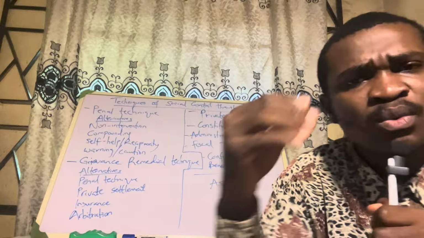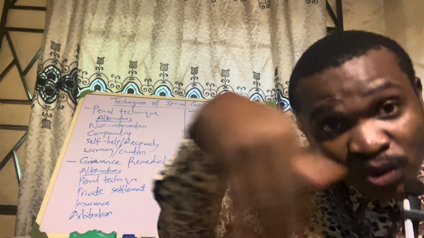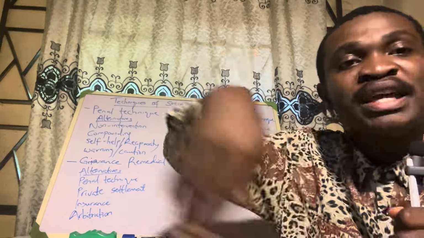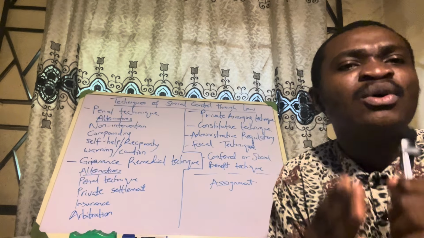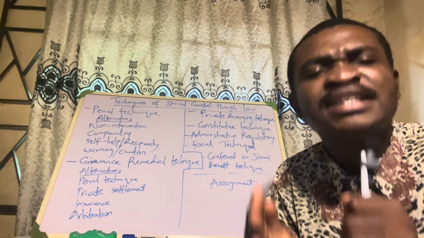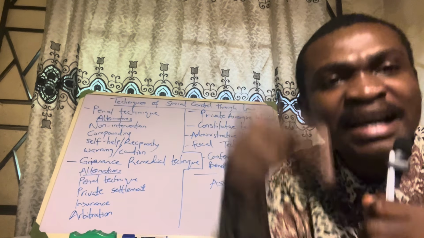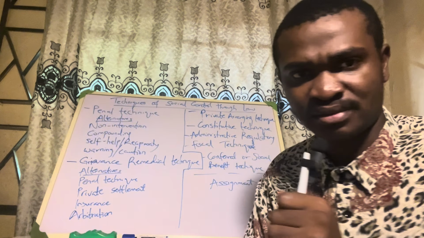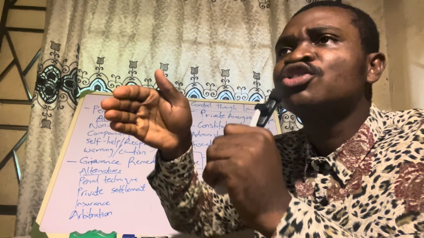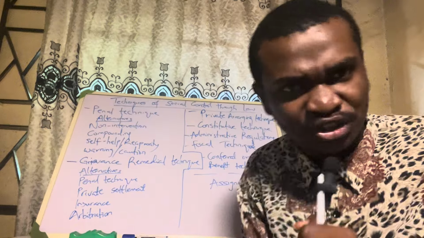Now, the constitutive technique is the aspect of when you come together to open a company or to form a legal personality. We are saying you are constituting another person, but not a natural person. You are trying to constitute an artificial person, but it must be within the framework that has been established.